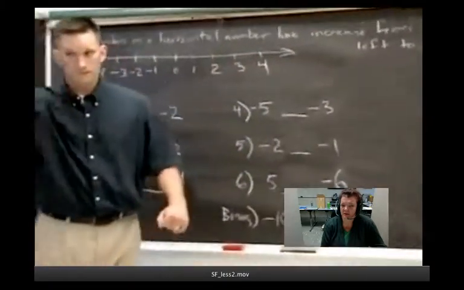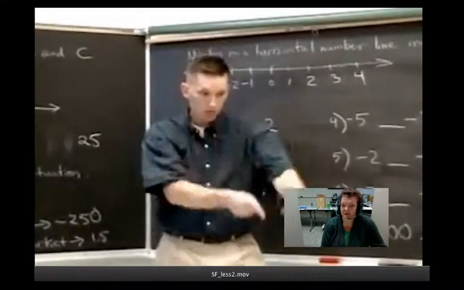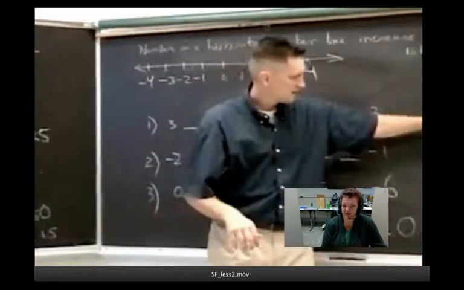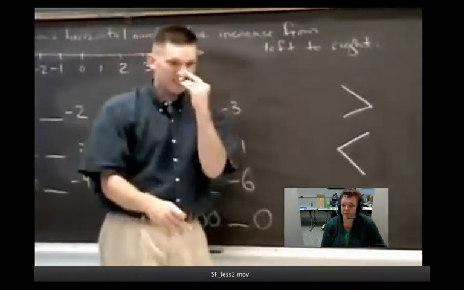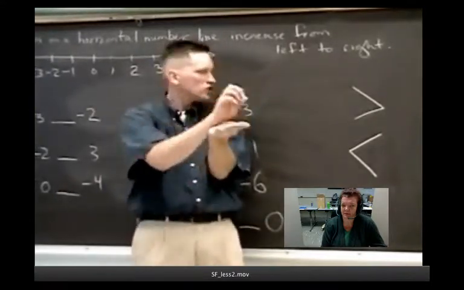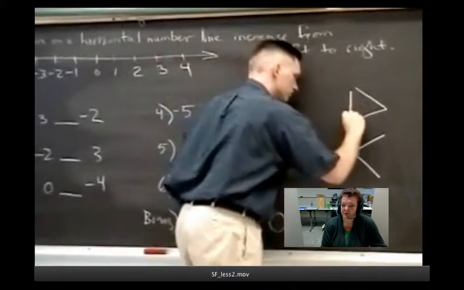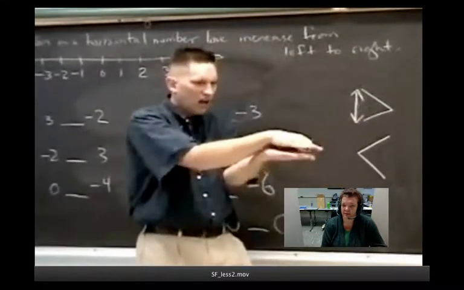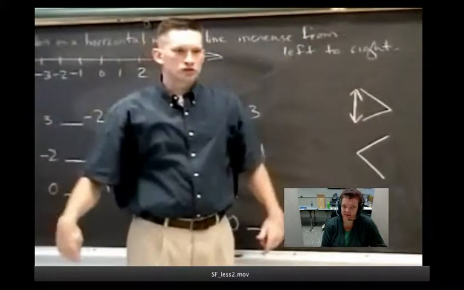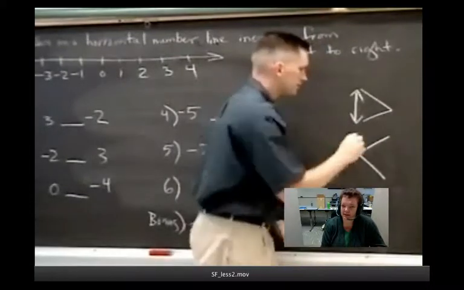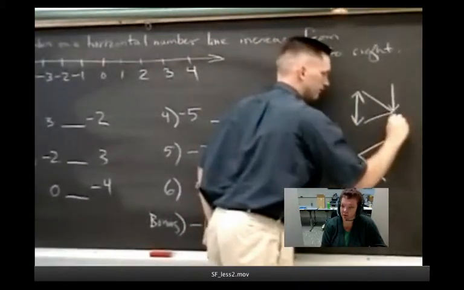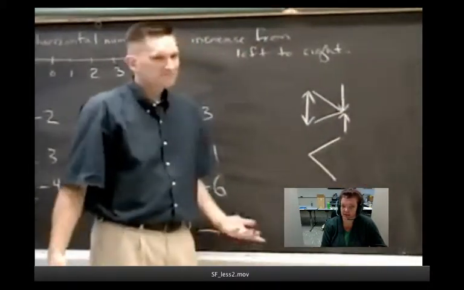Okay. I'm going to tell you so you don't have to struggle with this. It's important for you to remember. So if the symbol opens up like this, if it's got its mouth open kind of on this side, then that means this is where the greater number is. This side where it's pointing down and it's close together, that's where the smaller number goes, the less than.